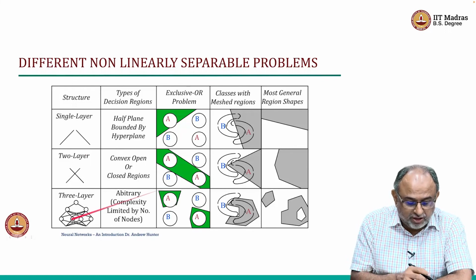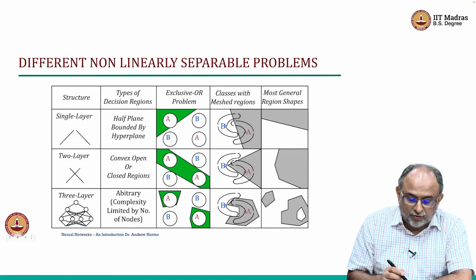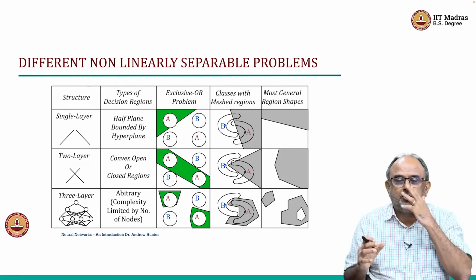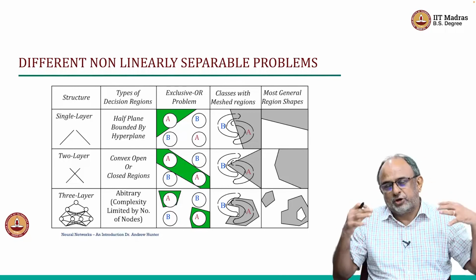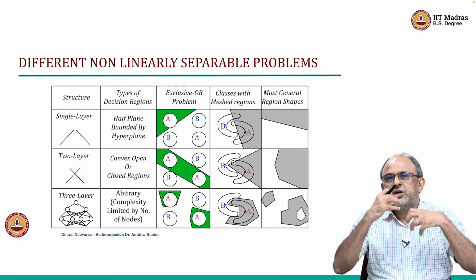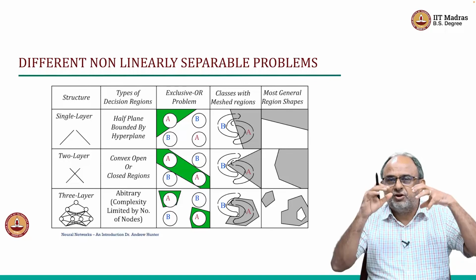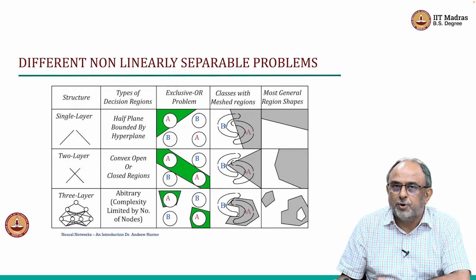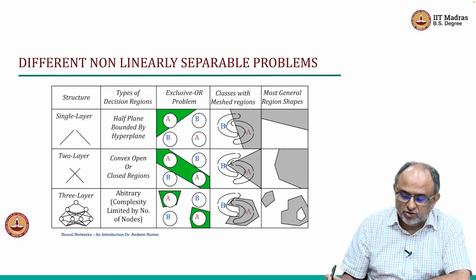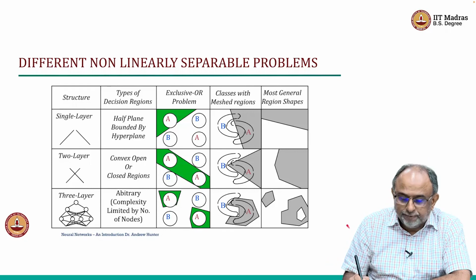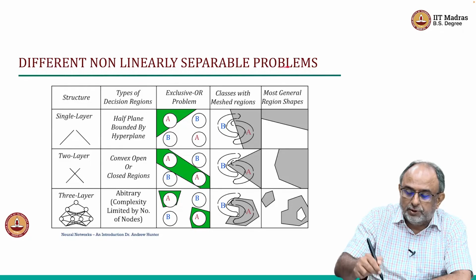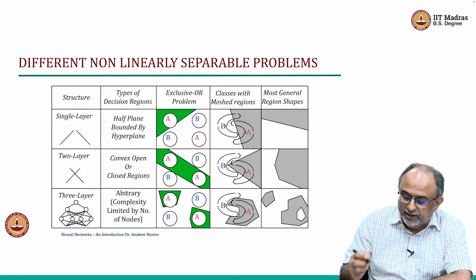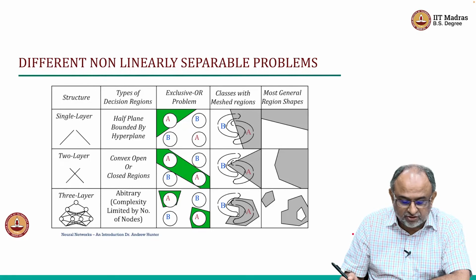And if you have three or more layers, then there are formal proofs that show that arbitrary boundaries can be handled. I'm talking about two classes, though you can have multiple classes. So even really very complicated decision boundaries can be solved by this. So these are non-linearly separable problems, right? These can be solved by multiple layers of a neural network, right? So that's the whole idea.